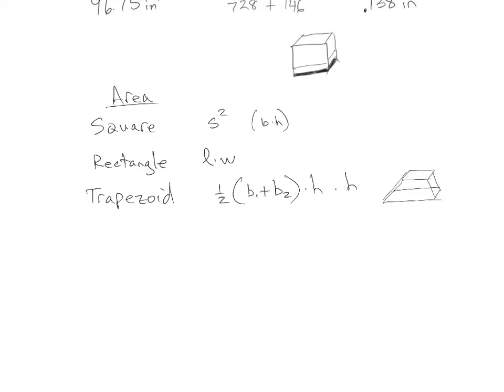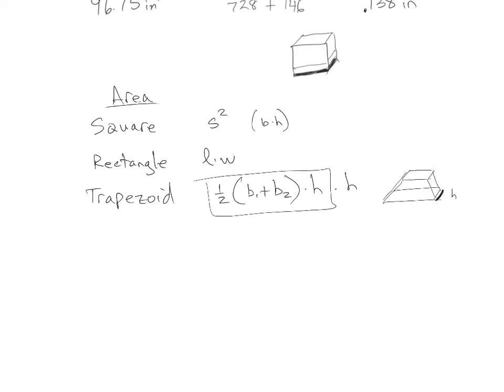So you have to find the area of the trapezoid, which is this piece right here. Then you multiply by the height, or the depth, which is this piece right here, and that gives you the volume of that trapezoidal prism. That's just in case you're going to do your homework page.